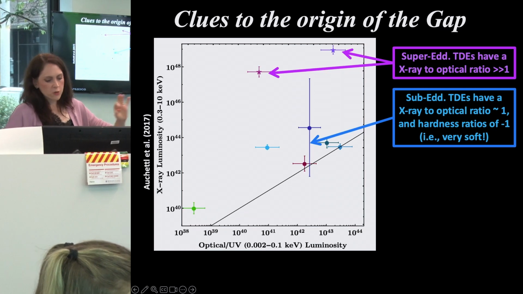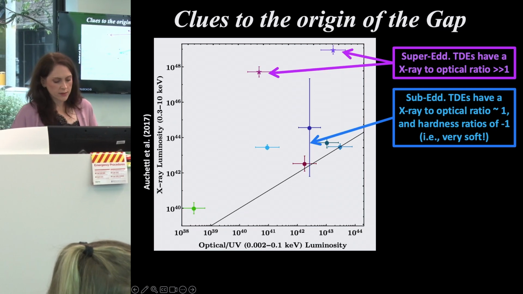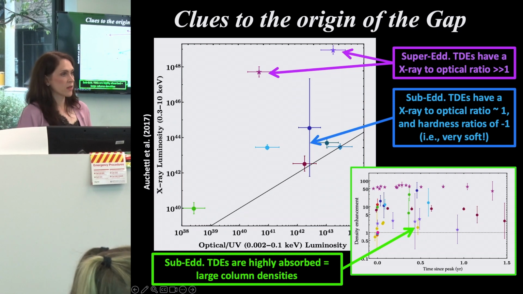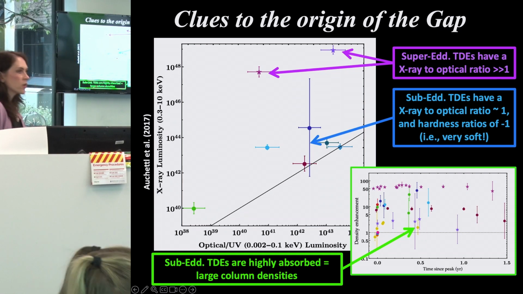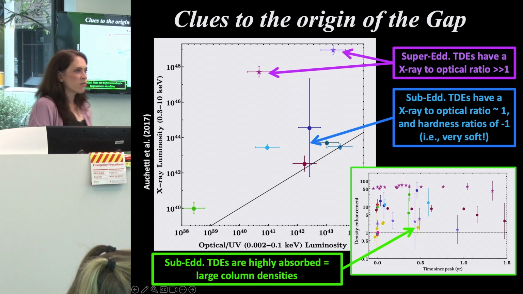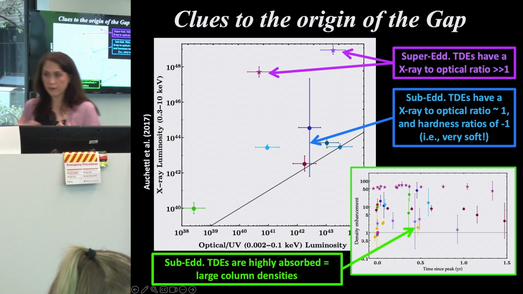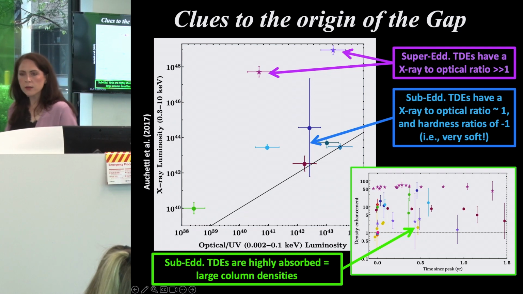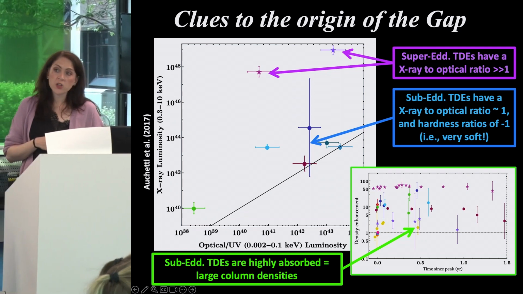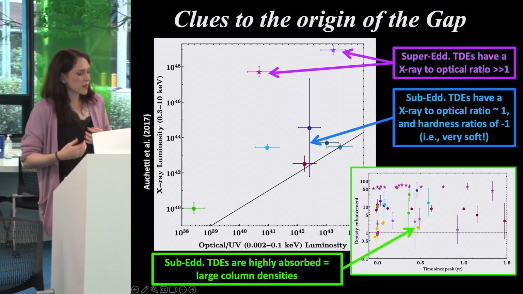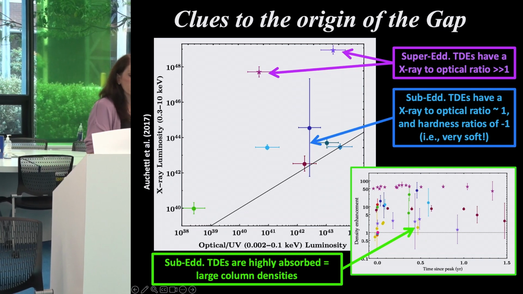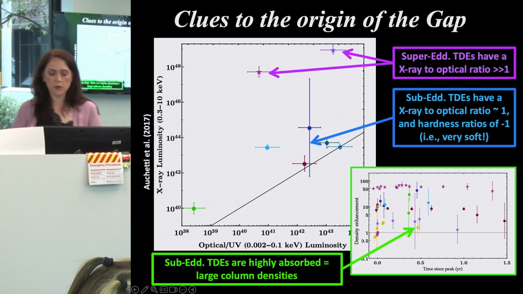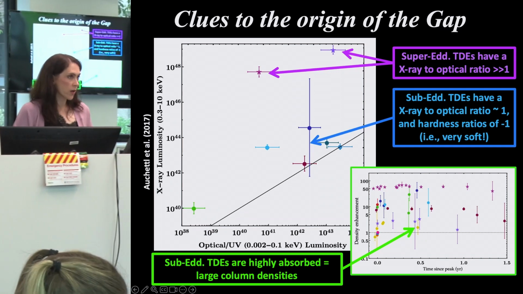What is interesting is when you tie this together with the properties of the material around these black holes, we find that these sub-Eddington events are in environments that are very highly absorbed and have large column densities around them. What that implies is that there must be a large amount of material surrounding these events that is causing significant reprocessing, so that a large amount of optical emission is produced in addition to their detected X-ray emission.